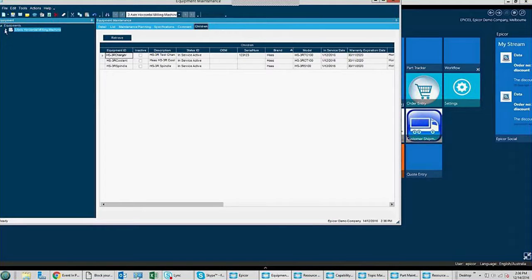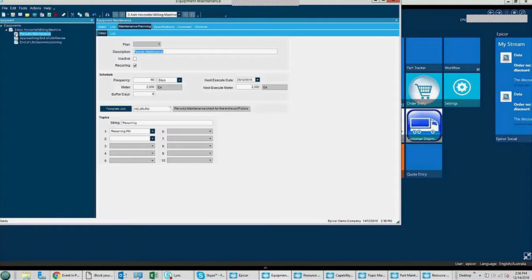So even the parent equipment itself has a periodic maintenance, which has a template job to it. And this is a recurring task happening every 60 days or every 2,000 eaches, and I want the job to be generated a minimum of 5 days before the event so I can be ready for that work. Okay.